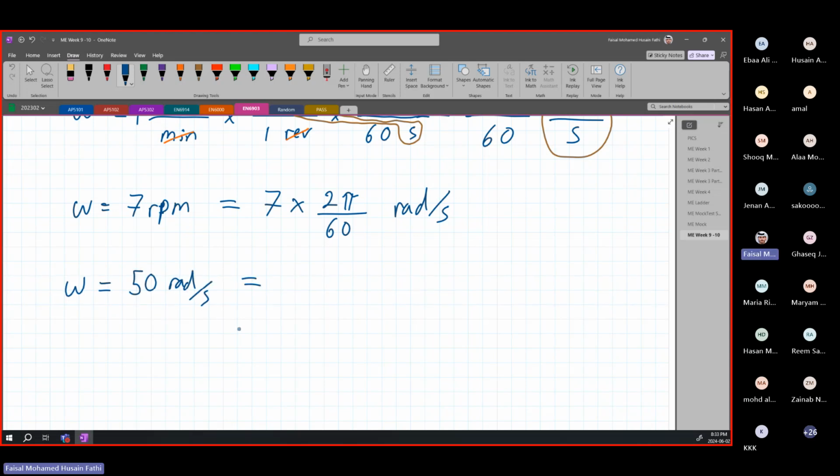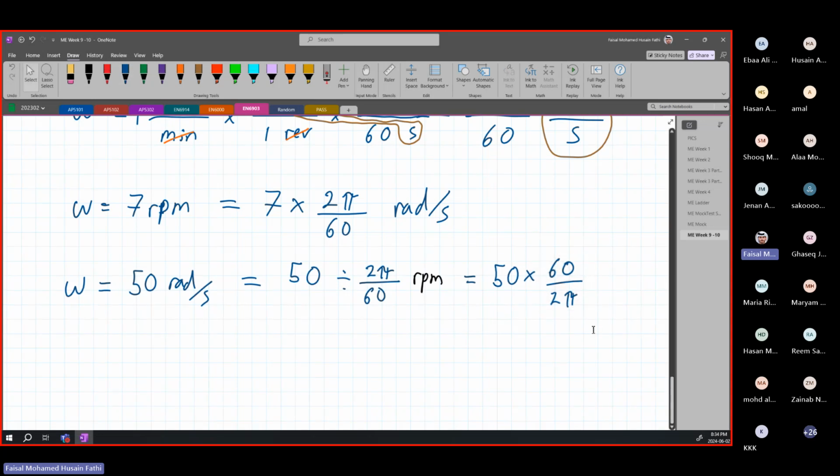To get it into RPM, we are going to do 50 divided by 2 pi over 60, or we can say this is equal to 50 times 60 over 2 pi. Both are correct, and when you do division, it is basically multiplying with the reciprocal.